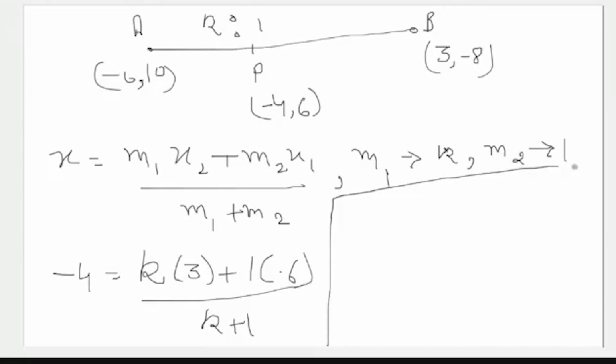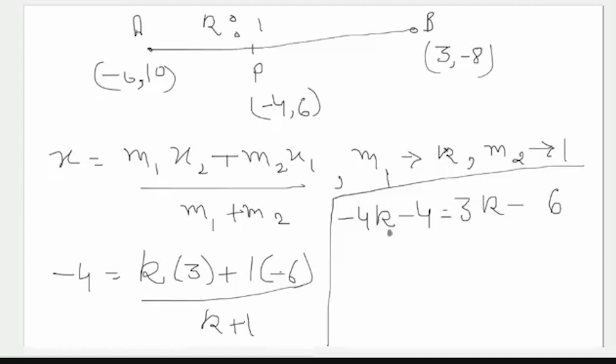Now solve it. -4k -4 is equal to 3k minus 6. It was minus, right? It would be minus only. Yes.